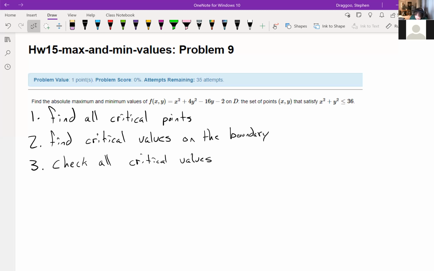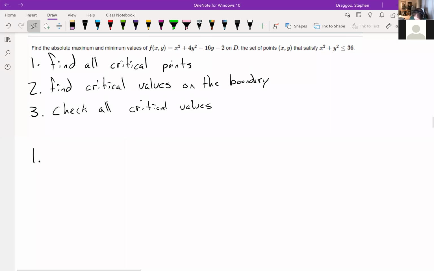So to do step one, I need partial derivatives. I want f partial x, which is going to be just 2x. Nice, easy enough partial derivative. I'm going to need to set that equal to 0 to find a critical point.